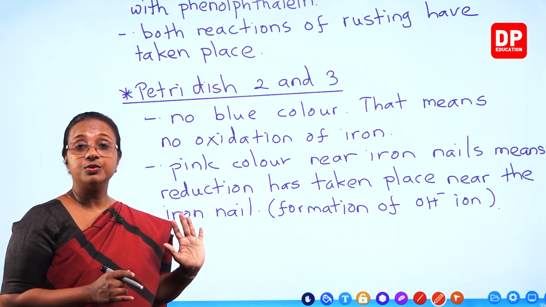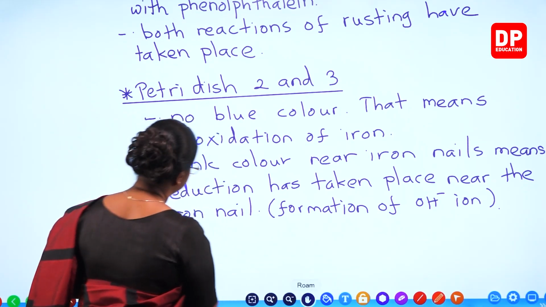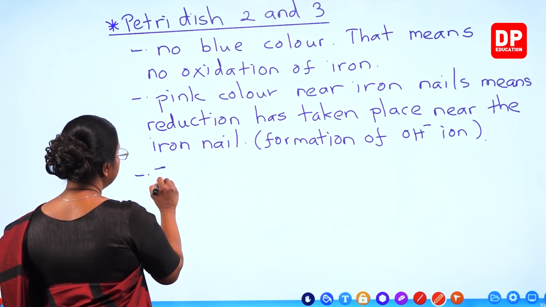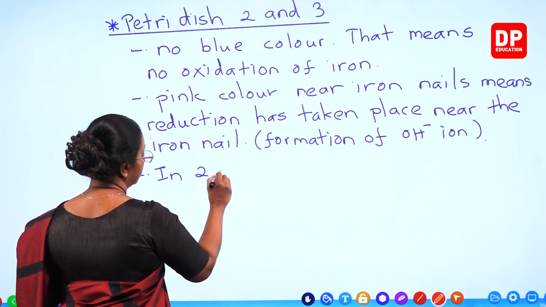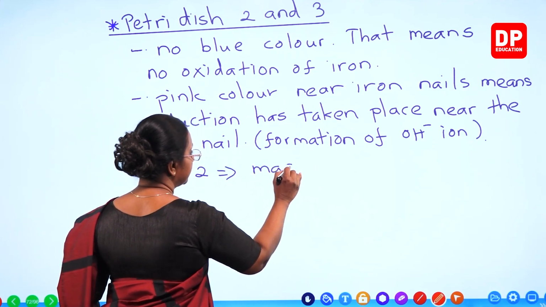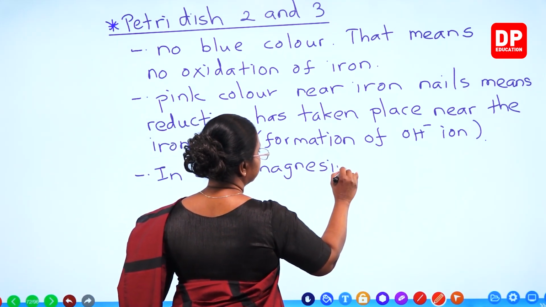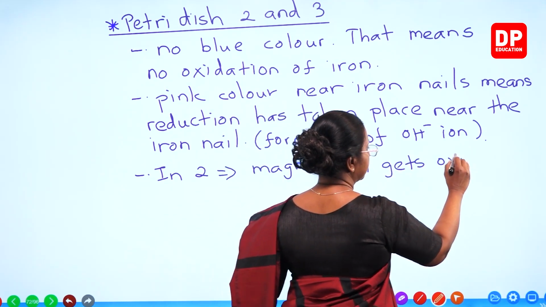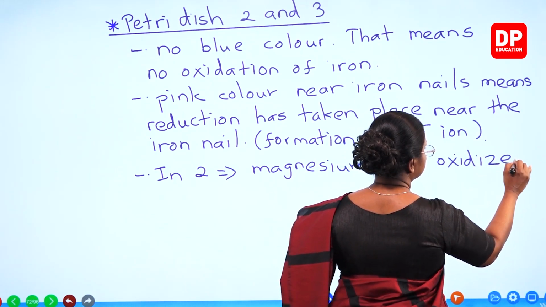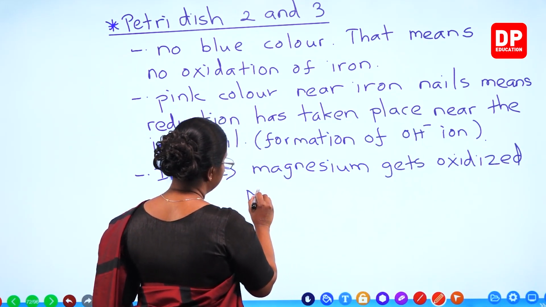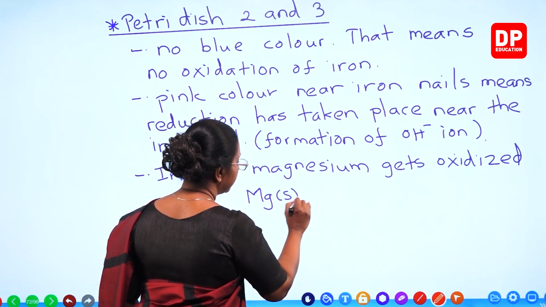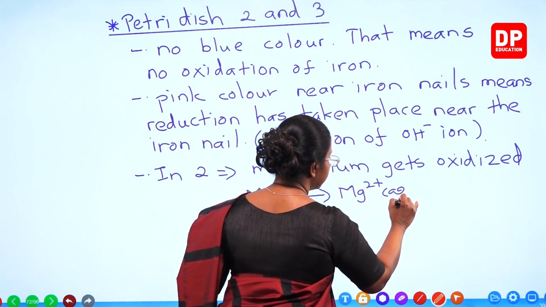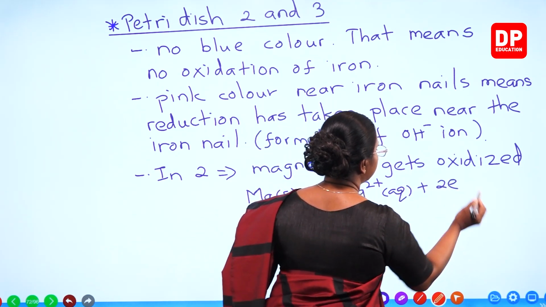So what undergoes oxidation? So in 2, magnesium gets oxidized. That is, Mg solid becomes Mg2+ aqueous by losing electrons.